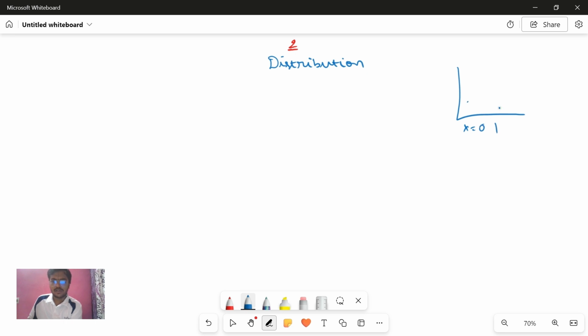For X equal to 1, we got, sorry, 1 by 2. And for X equal to 2, again we got 1 by 4. So this looks like a function, wherein the input is the random variable's value and the output is a probability. That is called a distribution.